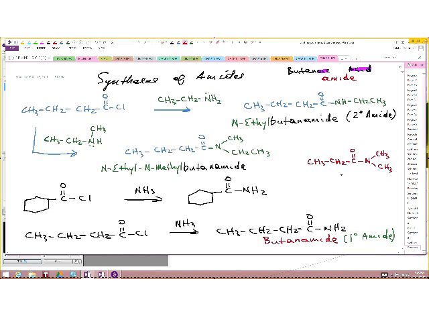So to name this, you simply say N,N-dimethyl. Then you give the base name. What is the base name? Propane amide. Very good. N,N-dimethylpropanamide.